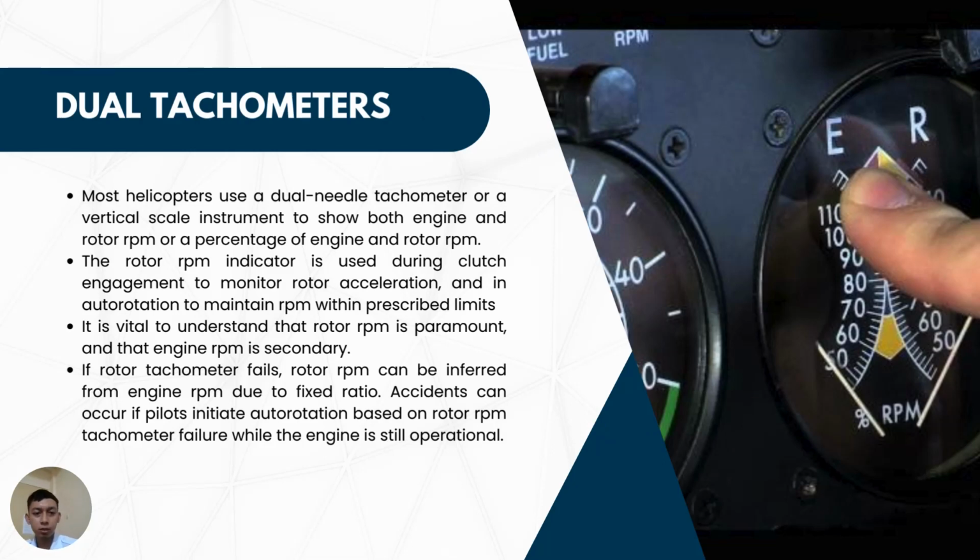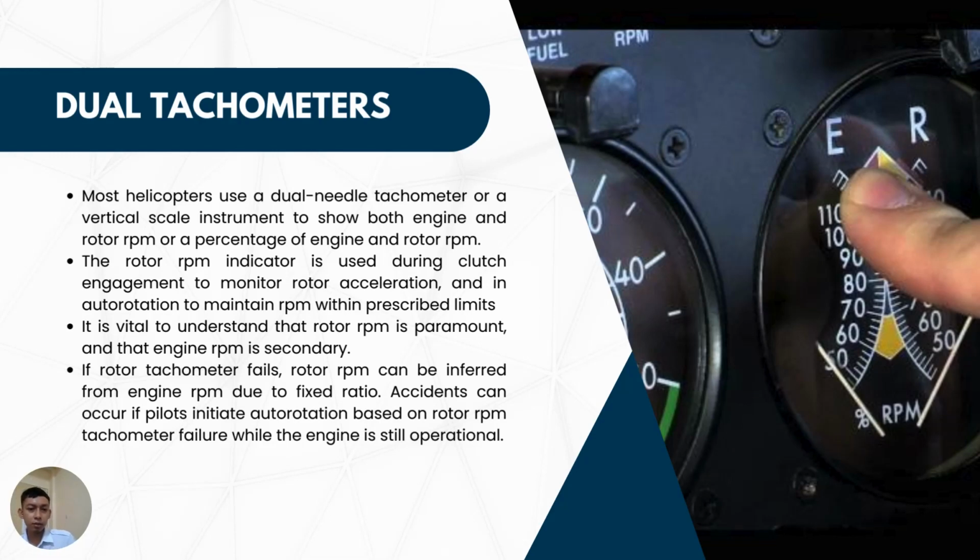Dual tachometers. Most helicopters use a dual needle tachometer or a vertical scale instrument to show both engine and rotor RPM, or a percentage of engine and rotor RPM. This indicator is used during clutch engagement to monitor rotor acceleration and in auto rotation to maintain RPM within prescribed limits.